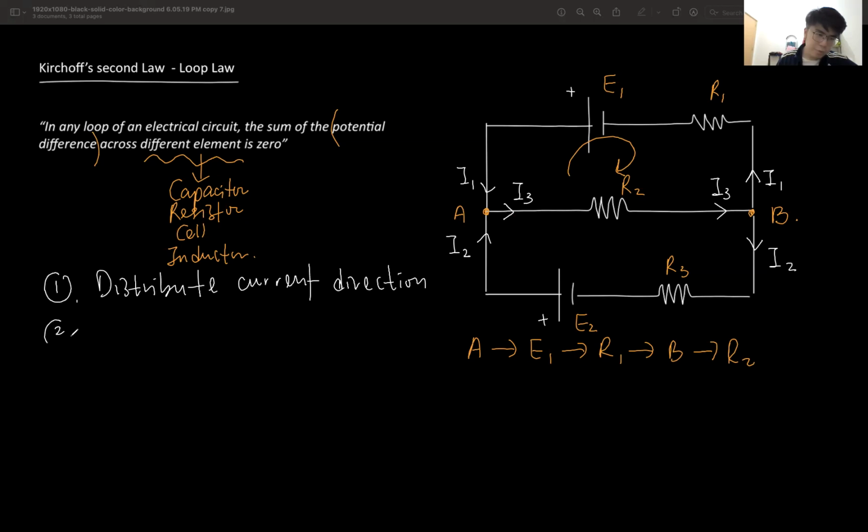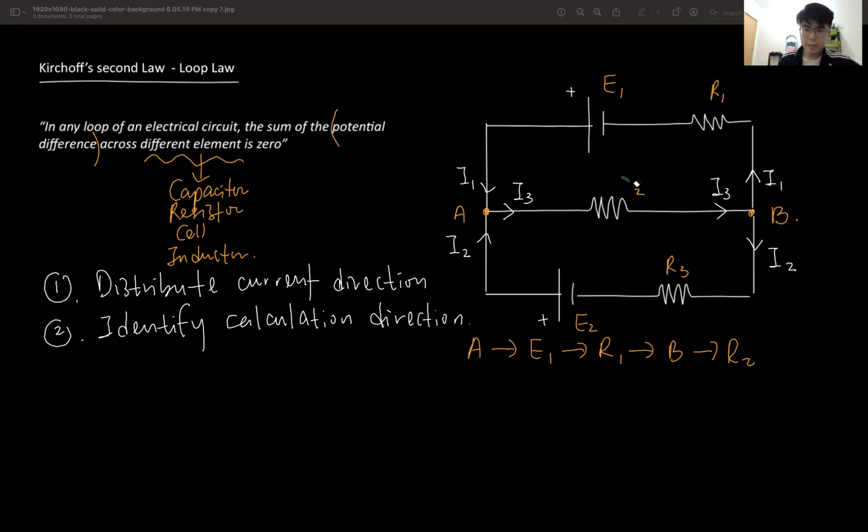And then number 2, you want to identify calculation direction. Okay. Now, current direction and calculation direction are different. First, you find the current direction, and then you find the calculation direction. Now, calculation direction is up to you. You want to choose. It's either clockwise or anti-clockwise.